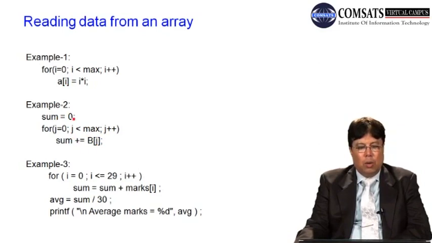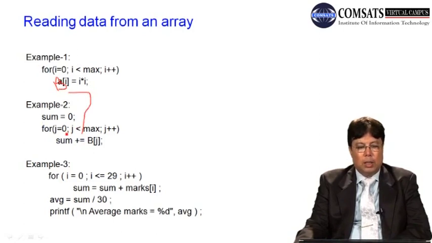So initially sum is 0, so you add b[0], that should be equal to whatever the data that you have placed in the array b. It would have been better if suppose इसकी जगह पे I used b here. Okay, if I use this b here, I could have just used next.